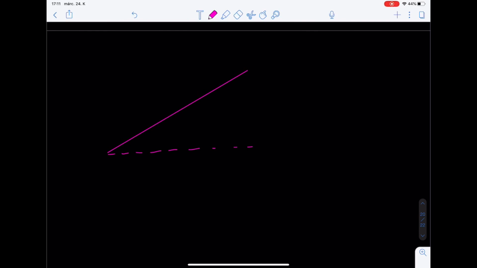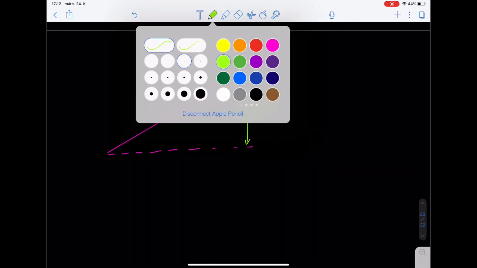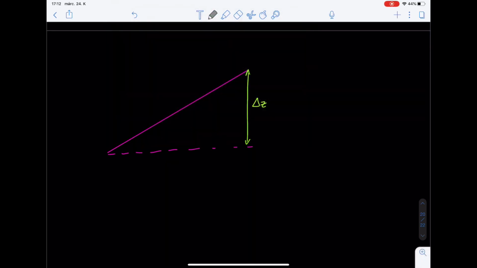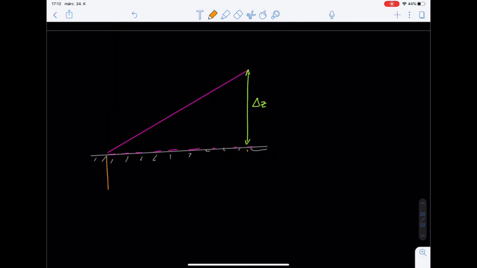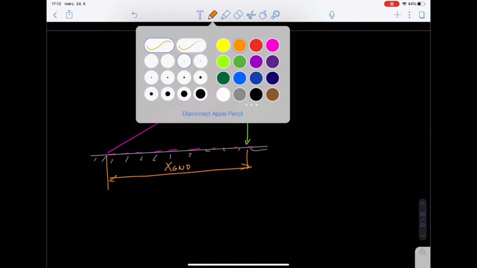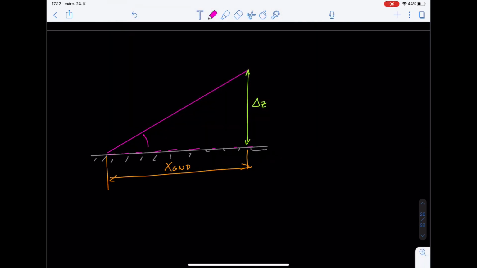Okay, so the more mathematical approach that you could have to this is that your flight path angle is basically a distance which you cover on the ground. So there you have the ground, and here you have a distance, x_gnd, the distance covered on the ground, and then you have a delta z, and then you have this flight path angle, this gamma angle.